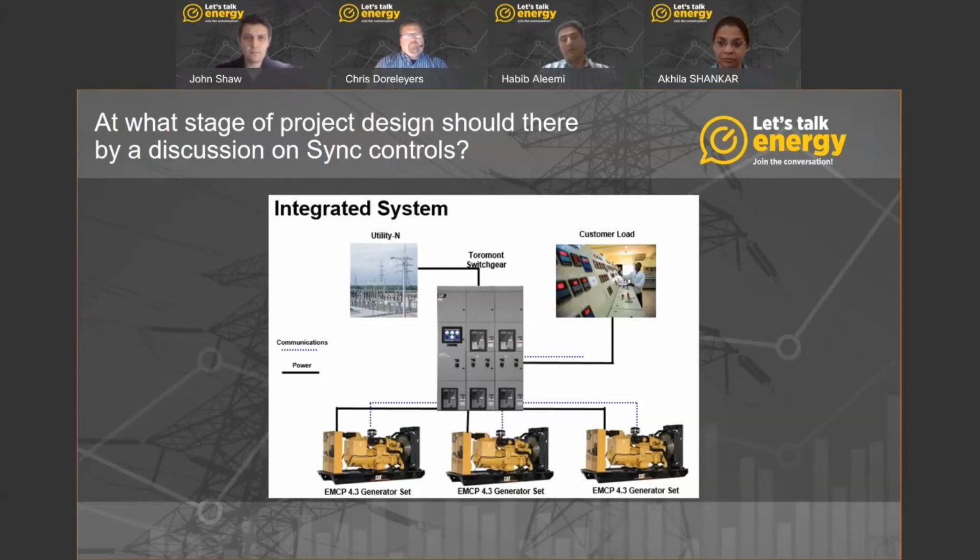And mainly we have a controller that controls the utility and generator breaker at the same time to achieve that 100 millisecond paralleling. Sometimes the utility requirement is also to have an RTAC in the system to communicate those timings with their system. And if it goes beyond 100 milliseconds, the transfer trip system will trip the generator breaker or utility breaker, depending on their application for these kinds of systems.